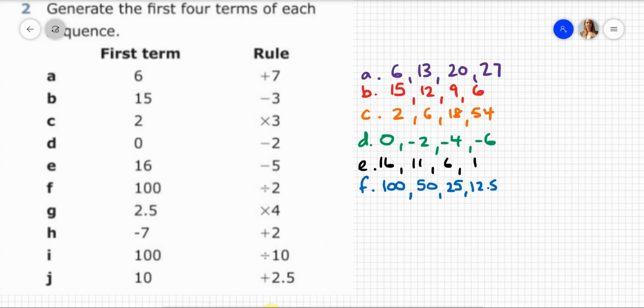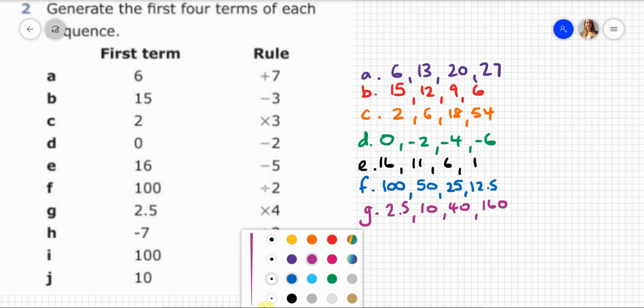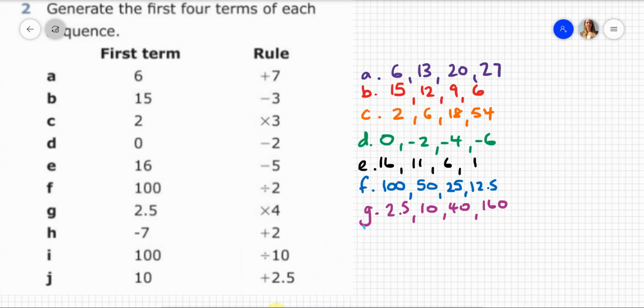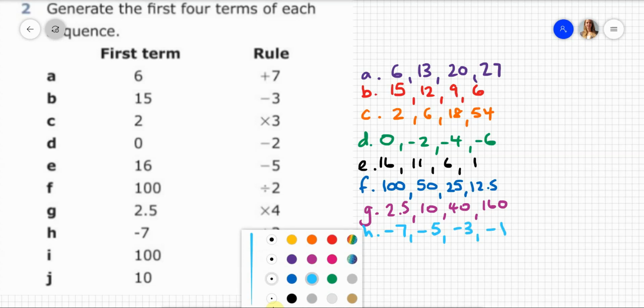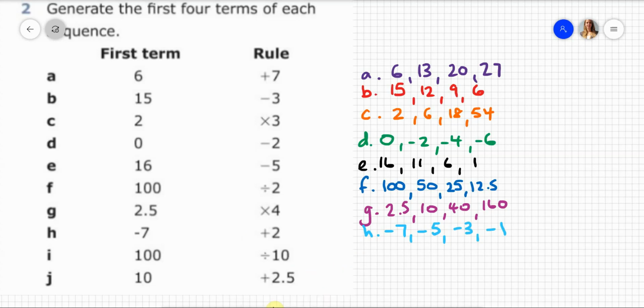For part G, we're starting at 2.5 and multiplying by 4. H, we're starting at -7 and we're adding 2. For I, we're starting at 100 and we're dividing by 10.